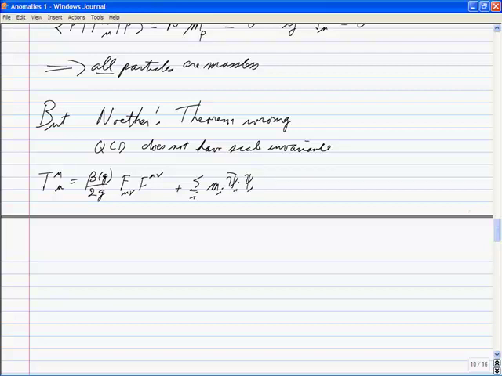The usual things that we saw by Noether's theorem are there, but now here's the anomaly. This is the gluon field strength tensor. It comes with the beta function of QCD, and it doesn't vanish as the quark masses vanish. So that's our anomaly.